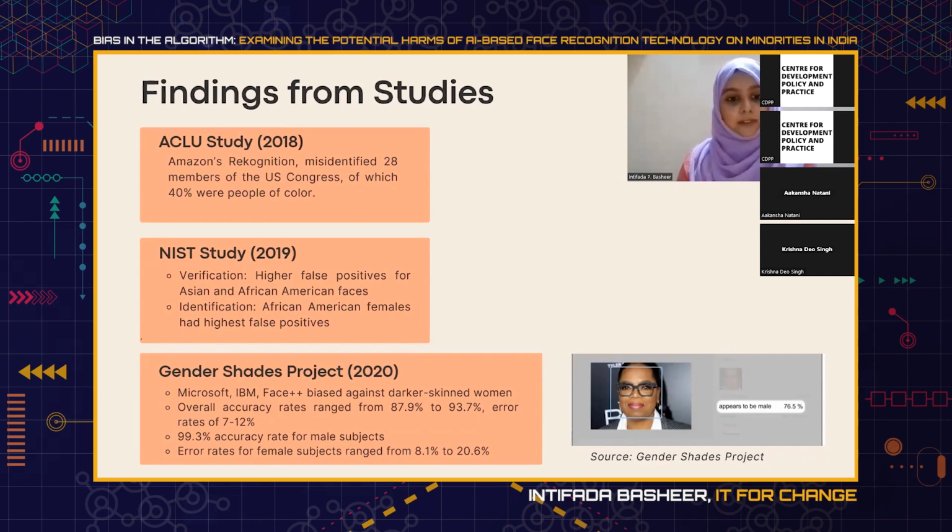But then the error rates for female subjects ranged all the way from 8.1% to 20.6%, which is very high. And if you can see the image on your screen below, it shows how one of these algorithms misidentified many famous Black women, including Oprah Winfrey, Michelle Obama, and Serena Williams, and misidentified them as male.